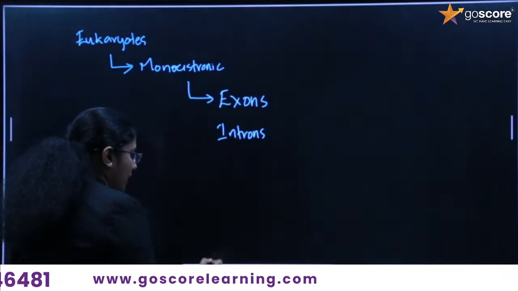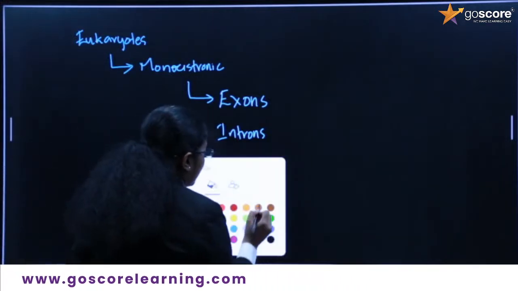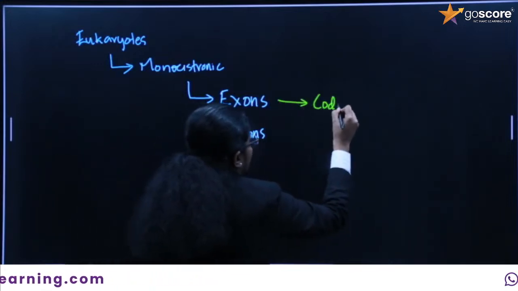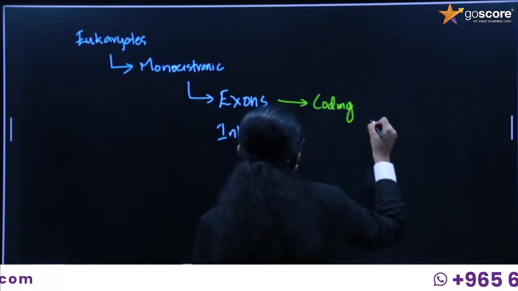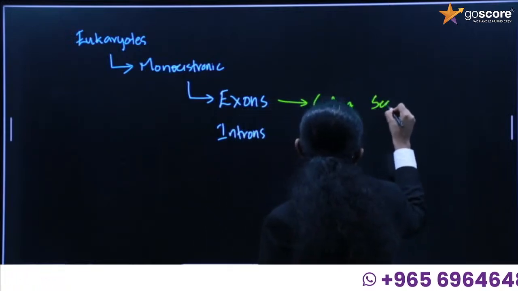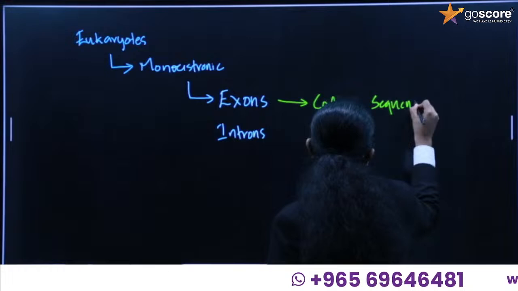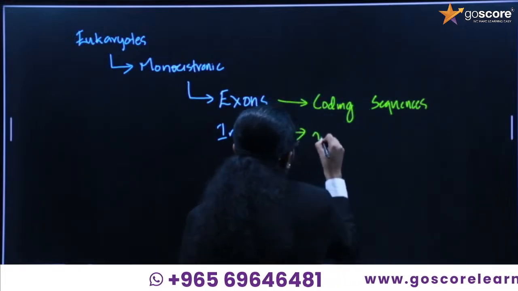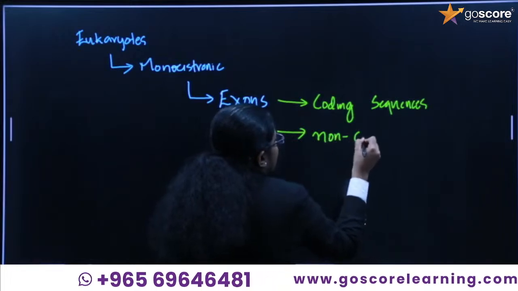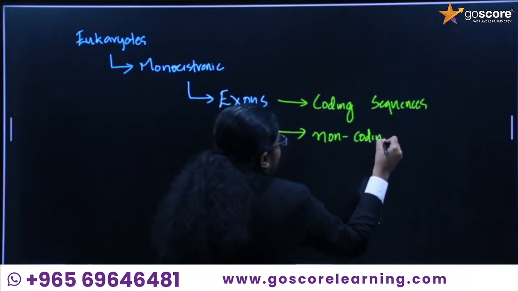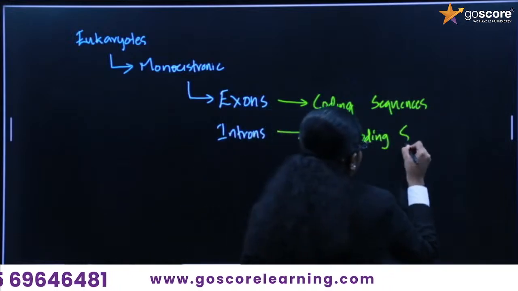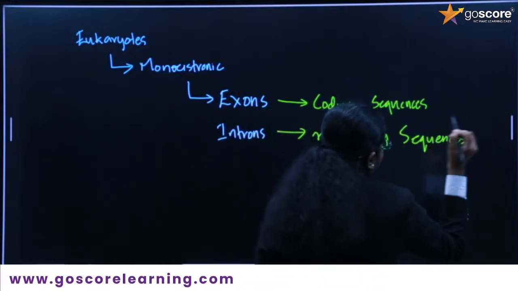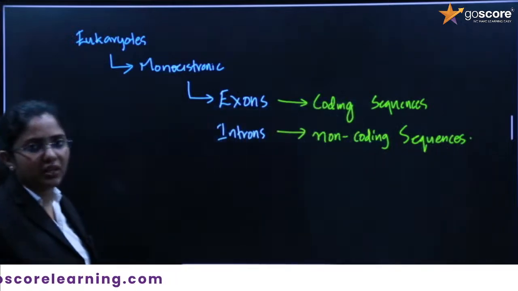Exons are the coding sequences, whereas introns are the non-coding sequences. They are not needed for translation. The same process happens in eukaryotes also.